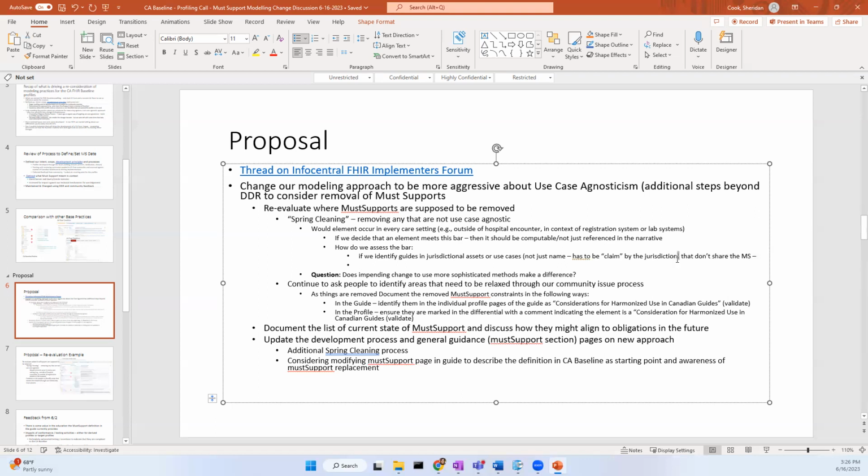So is the issue that this will catch some, but not all of the places? Folks feel like we would catch some of the places where we probably improperly applied must support in a guide, even if it was done at the end or in the beginning, that's claimed by jurisdiction, and that we want to go further than this?